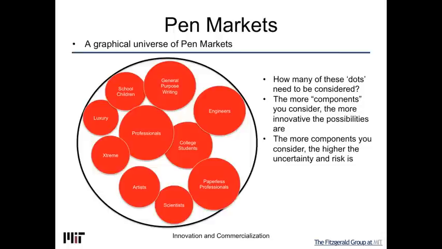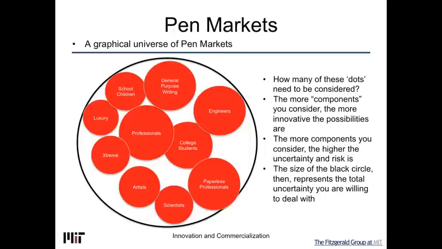So that classic trade-off I just mentioned is the risk-reward trade-off. So again, going forward, just like for the technology space, the size of this circle is going to represent the degree of uncertainty.